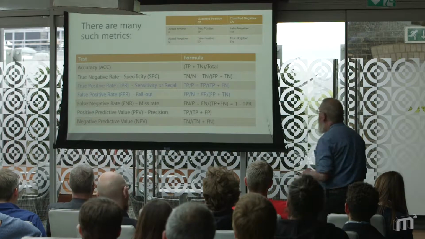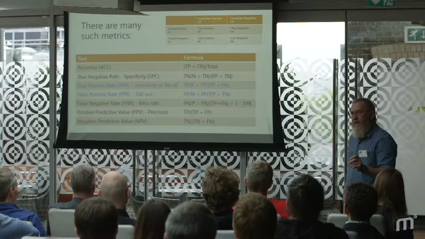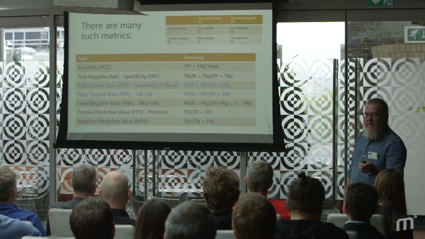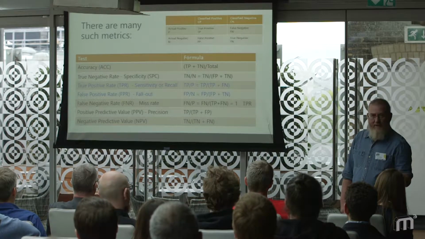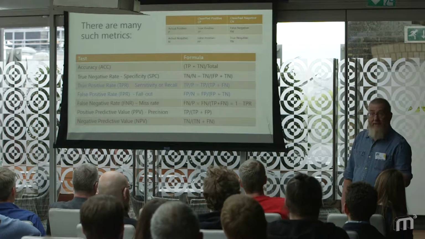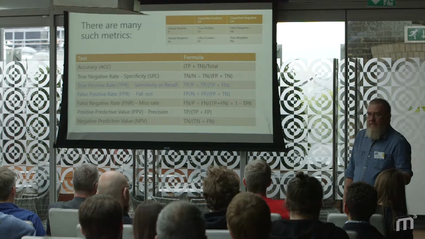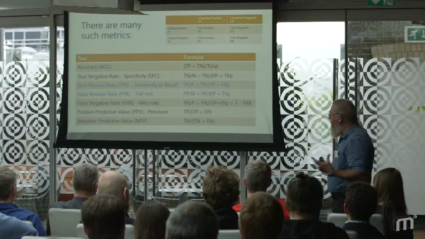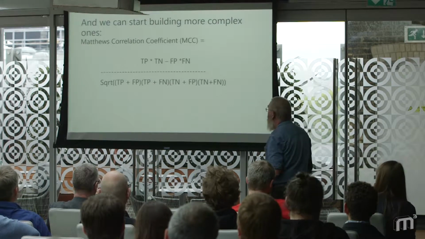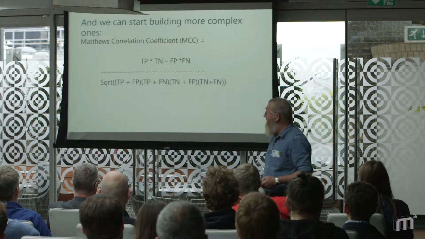So, we're not short of metrics. The trick here is to know the strengths and the weaknesses of each one and apply them intelligently. And if you take a take-home message from this talk at all, that's the one to take home. None of these metrics are bad. They just have characteristics, good and bad. So this is just to show you that they build up into more and more complex metrics.